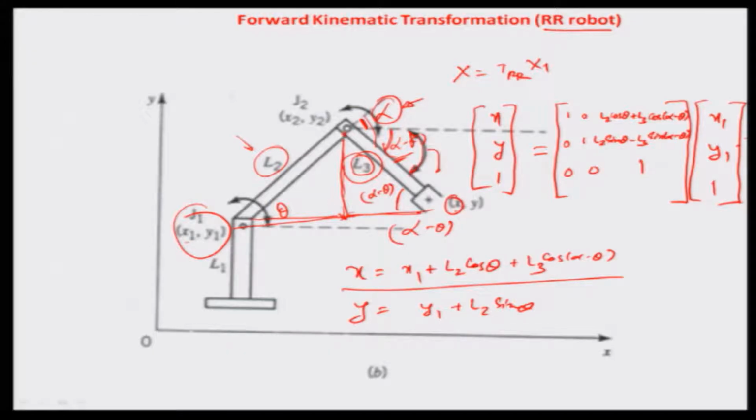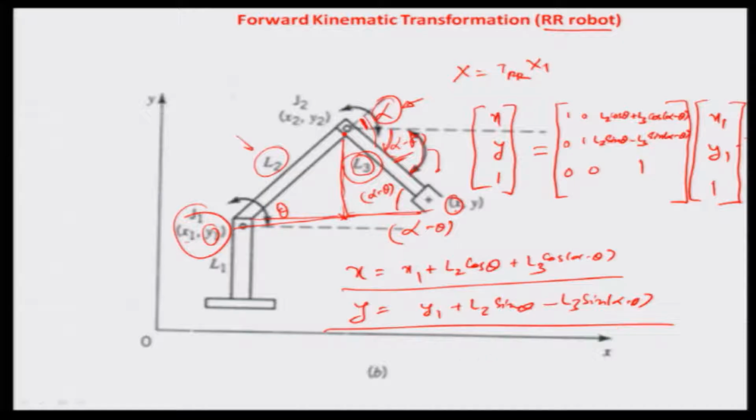So, this link right here is at least L2 sine theta displaced from y1 in the vertical direction, and then you have minus of again L3 times sine of alpha minus theta, which is actually the negative contribution because this link has now moved below the horizontal. So, that is how you describe the y.